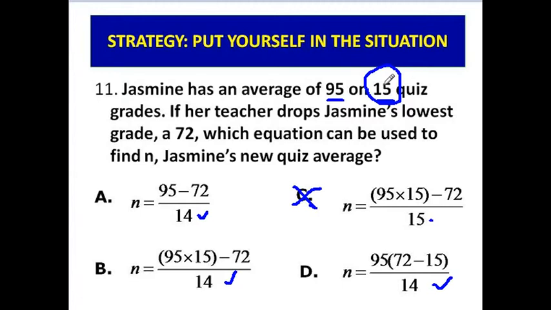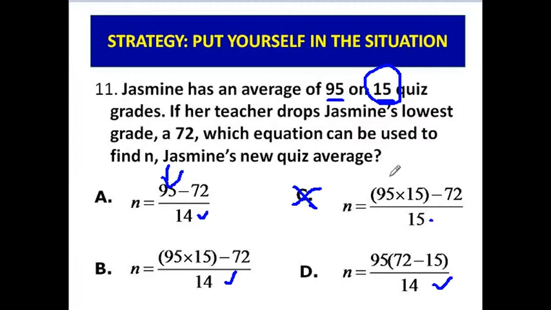To get an average of 95, you had to add up all of the quiz scores and then divide by 15. If she's going to drop the lowest, a 72, don't we need to have the sum of all 15 quiz scores and then take out the 72? Well, let's see here. That says nothing about the total sum of the quiz scores.